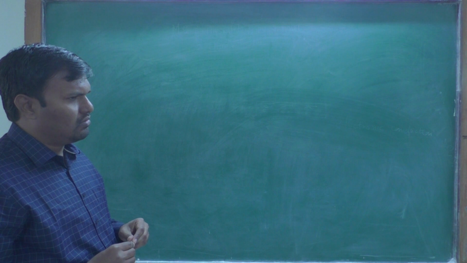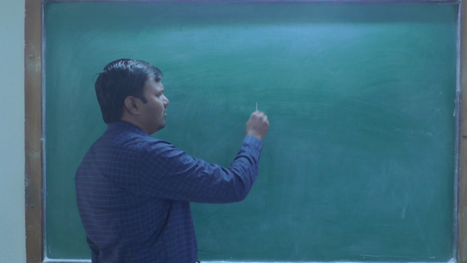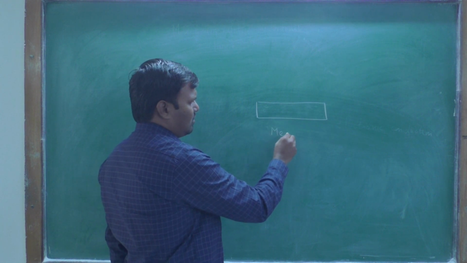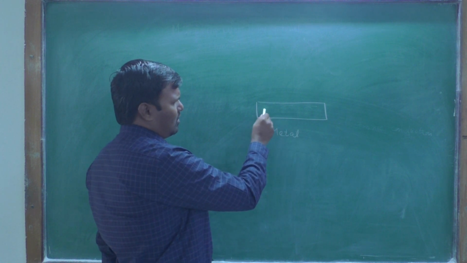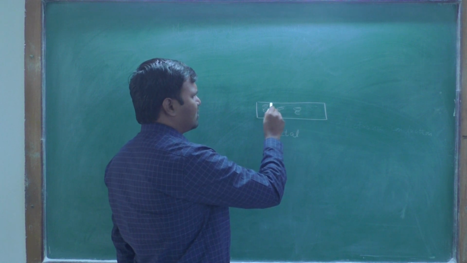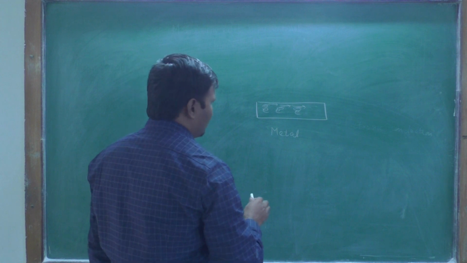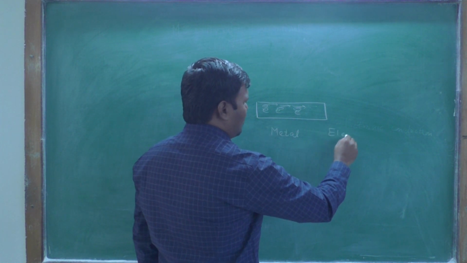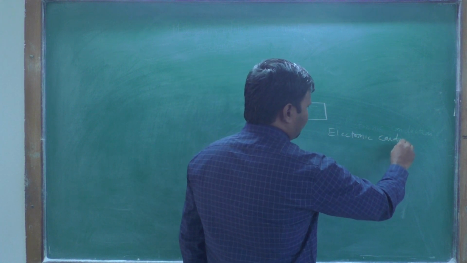Now there are two types of conduction. The first is electronic conduction, which is due to a metal conductor. When electrons move from one side to the other under applied voltage, that conduction is called electronic conduction.